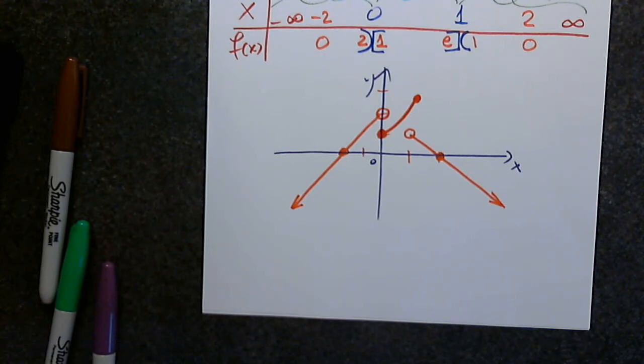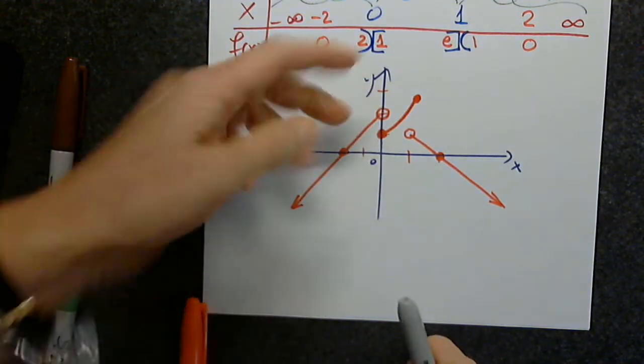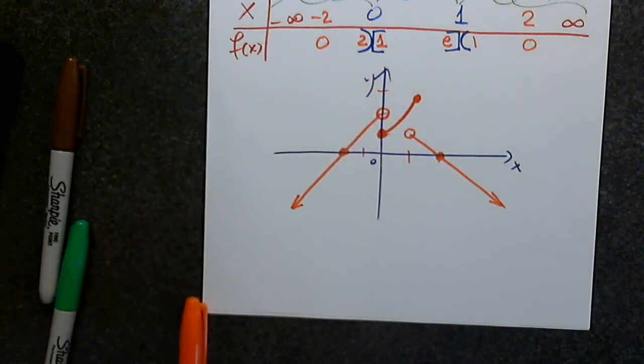And my conclusion would be that the function is discontinuous where? At 0 and at 1. Now let's analyze what happens at 0. Is this function continuous from the left of 0? No, because the function value and the limit from the left are not equal.